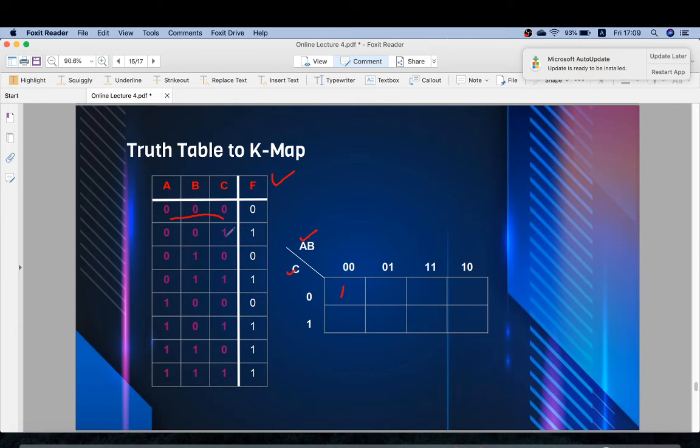A and B 0, 0, 0, 1, so it will be 0, 0, 1, then 0, 1, 0, 0, 1, 1, 1, 0, 0, 1, 0, 1, 1, 1, 0 and 1, 1, 1. So this is how we draw a K-map from a truth table. This will be used in our next lecture.